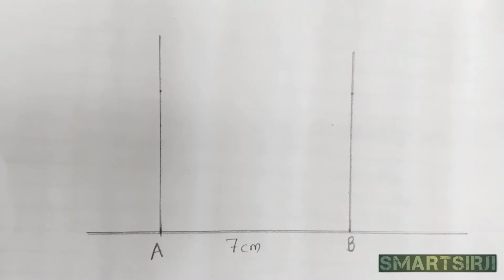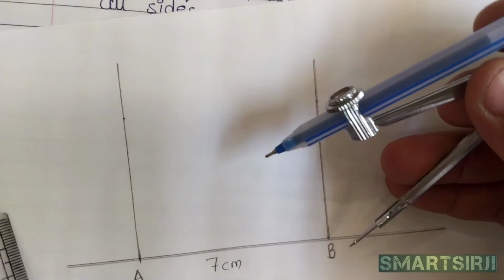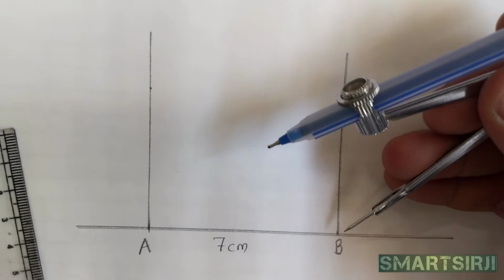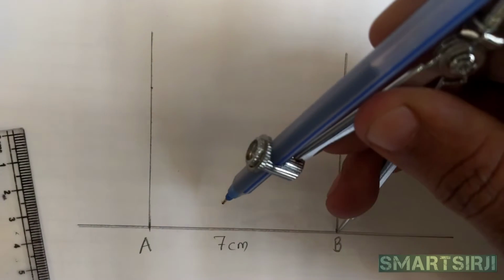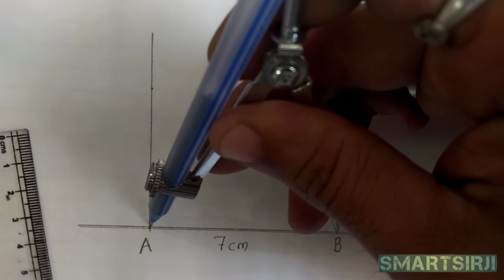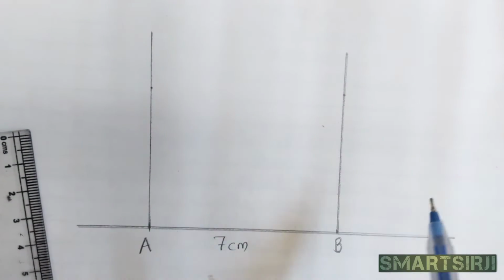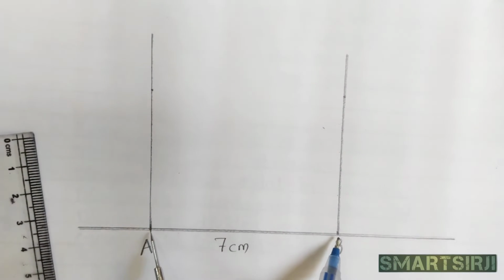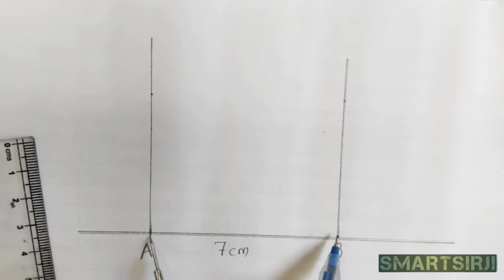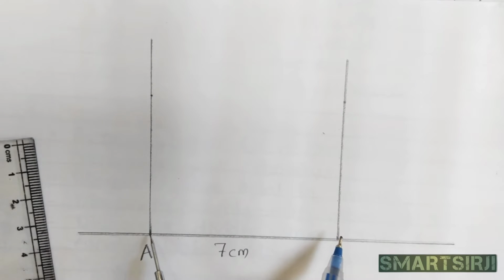So see, this is the box. Now with the help of a compass I will take a 7 centimeter distance from B to A, because it is 7 centimeters, so a scale is not needed. So this distance is 7 centimeters. As we saw in the definition of a square, all sides must be equal and angles 90 degrees.